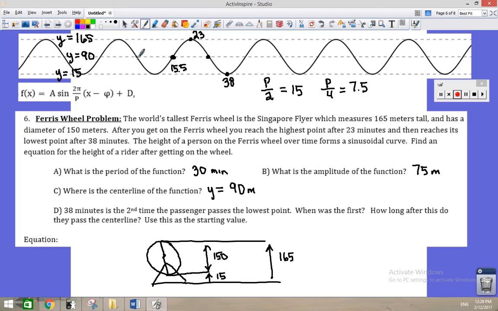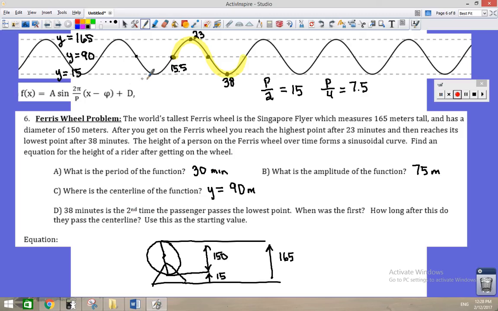I don't want to pick this as a starting point because then I'd have a reflection. I could write a cosine curve, but it says to write a sine curve. So I'm going to pick my natural cycle to be this cycle right here. And yeah, 38 minutes is the second time.